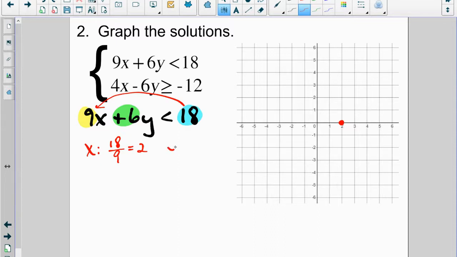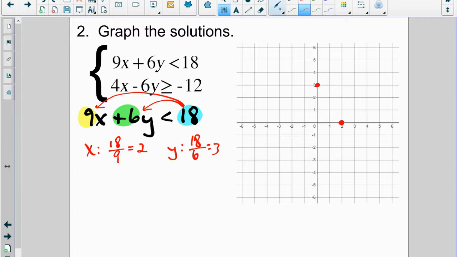For the y-intercept, let's do the same thing. But this time, I would cancel out the x term and solve what's left. 6y equals 18. Well, I divide 18 by 6 to solve that. 18 divided by 6 is 3. So my y-intercept is positive 3.